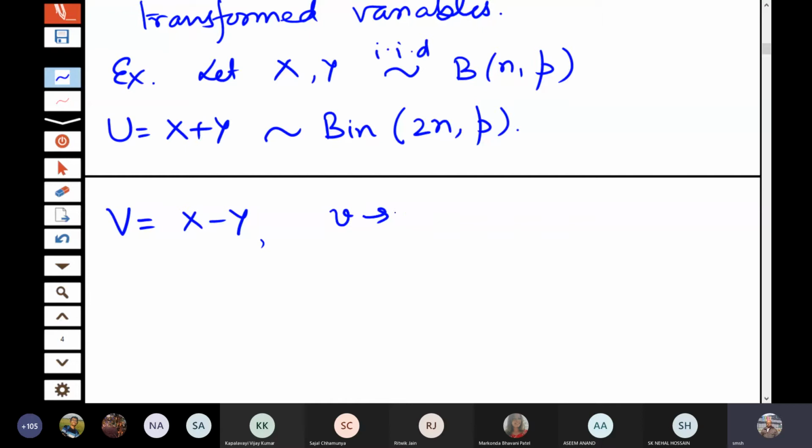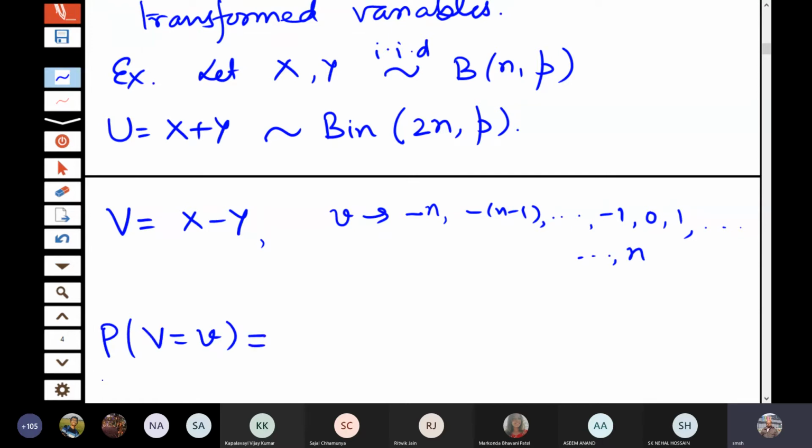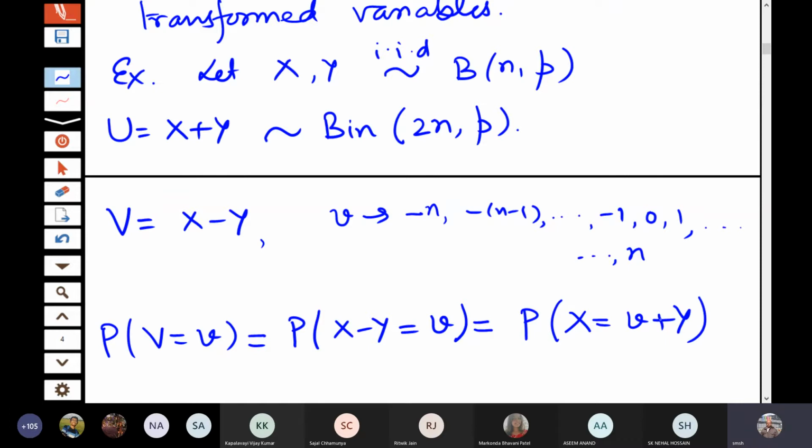So the values of v will be minus n, and so on, minus 1, 0, 1 and so on up to n. So this is the range of the values of v, and we are looking at what is the probability that v is equal to, say, small v. So it is equal to probability of x minus y is equal to v. So to express this thing, we can bring, say, y on the right hand side, and now we look at the joint.